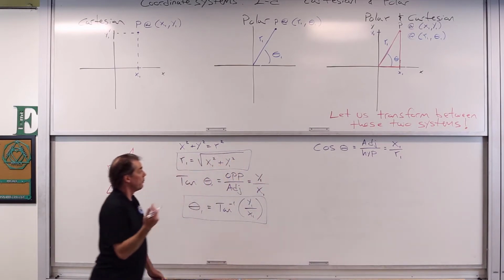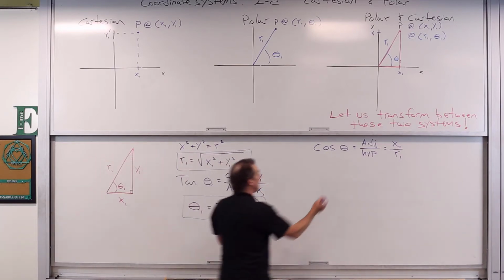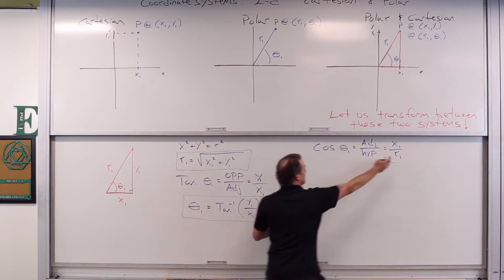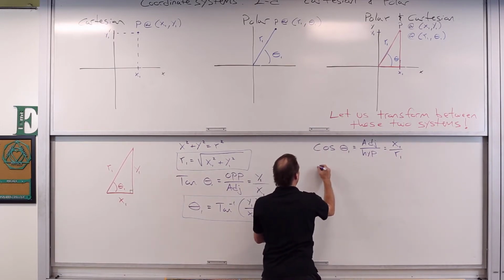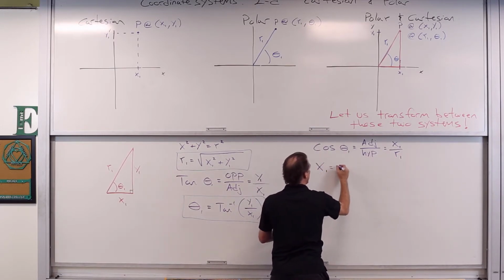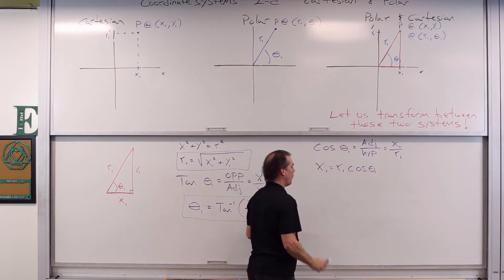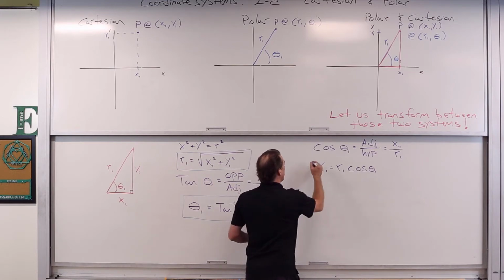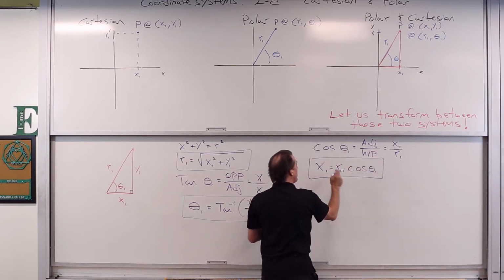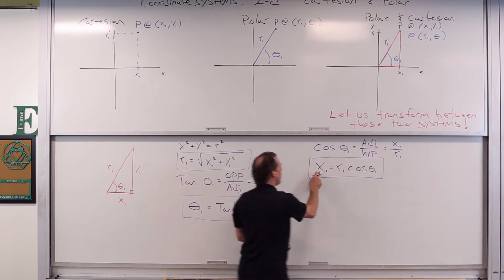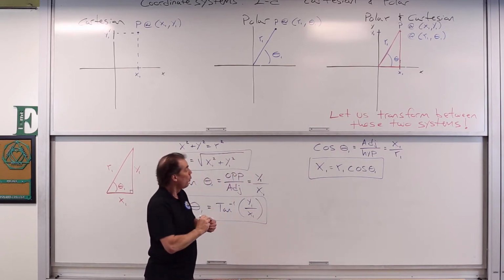With that, we can multiply both sides by r1. Basically, we move this r1 over here, and we've got ourselves that x1 is going to be equal to r1 times the cosine of theta 1. There we go.